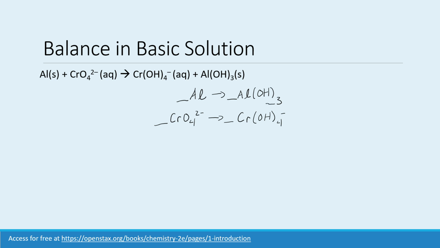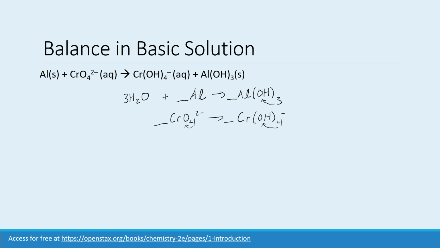So we have 3 oxygens on the product side, which means that we're going to need 3 water molecules on the reactant side. And then for the second reaction, we've got 4 oxygens on the reactant and the product side, so no need to add water molecules there.